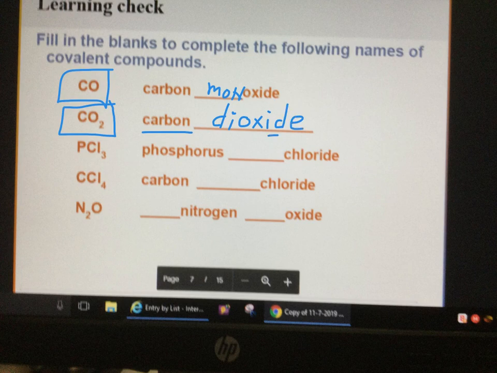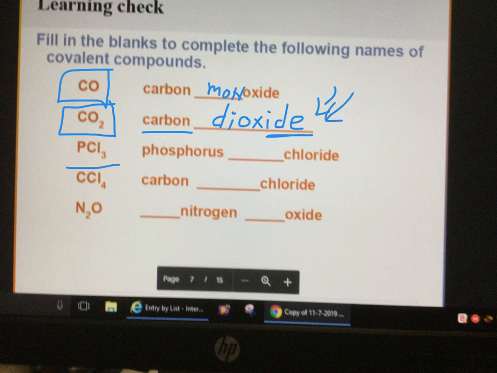Remember, the ide ending goes on the last element, always. Oxygen would be oxide, nitrogen would be nitride, sulfur would be sulfide, if it's the second element only.